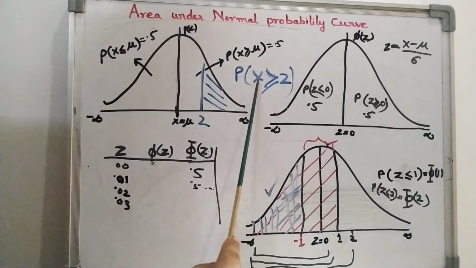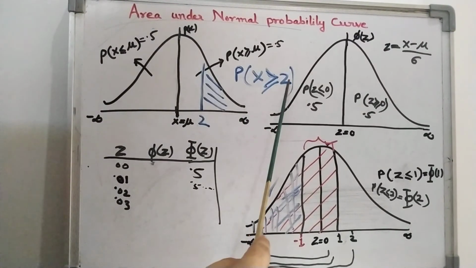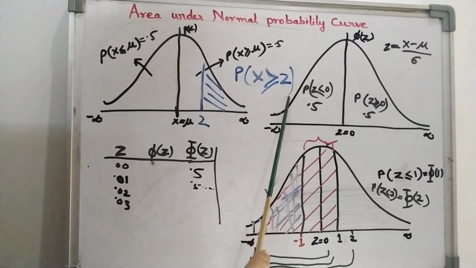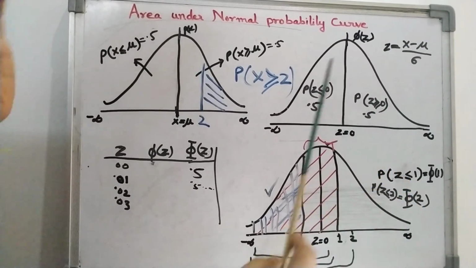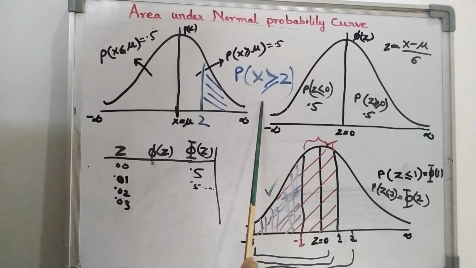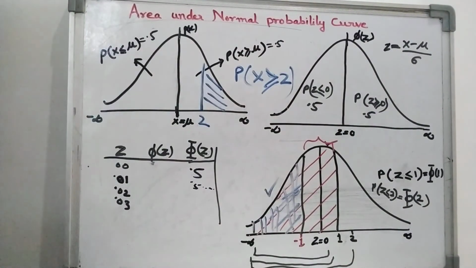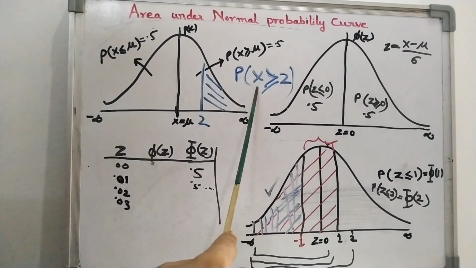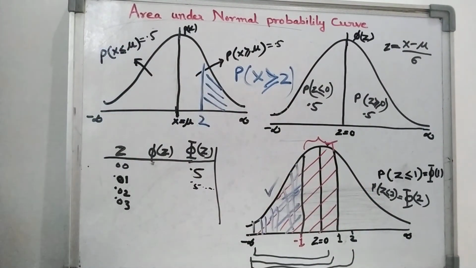We compute x minus mu divided by sigma, that is z. We need the sigma and mu values, then we convert this into z form. When we get it in z form, then we find the area with the help of the table or the given values. So for each normal variate, we need to convert it into the standard normal variate first, then we go to the table. Thank you.